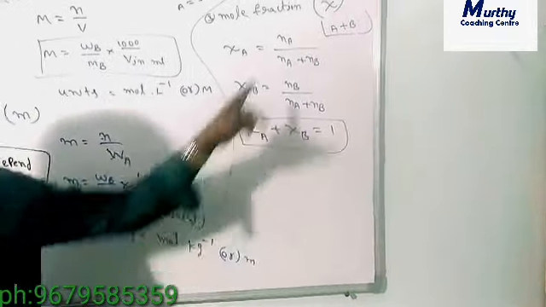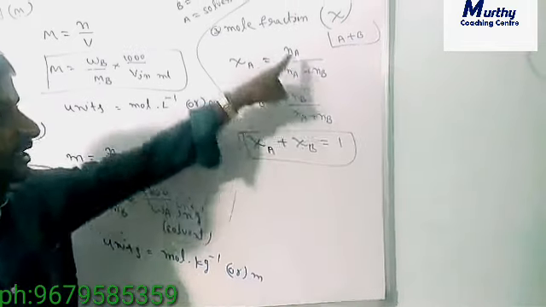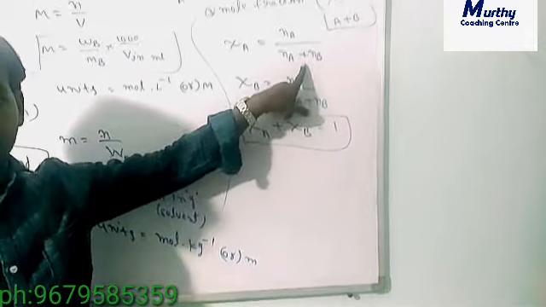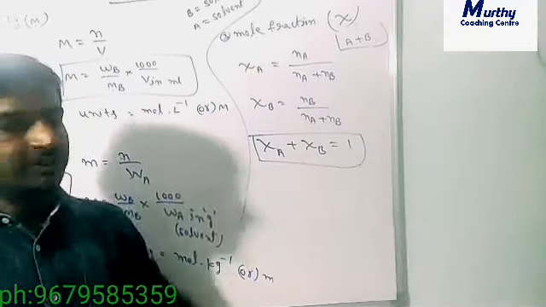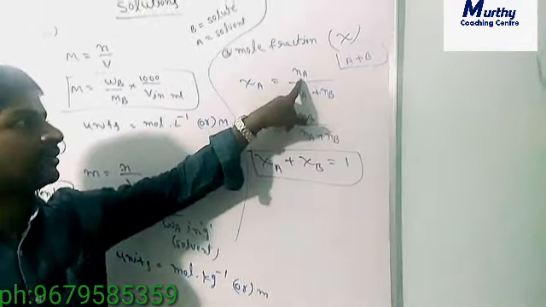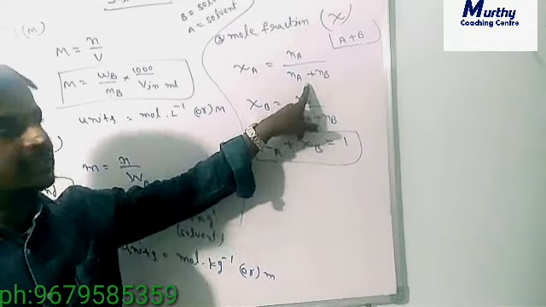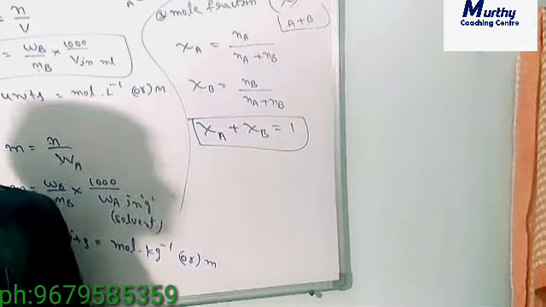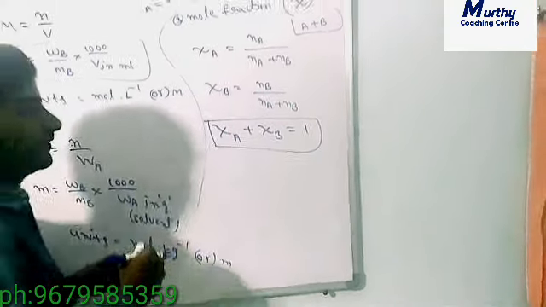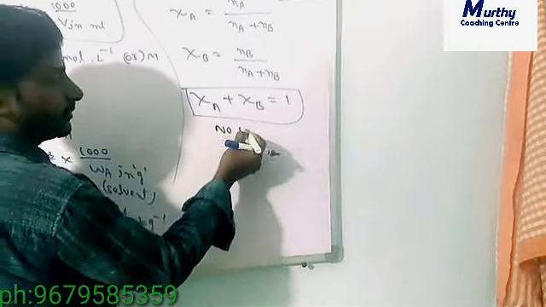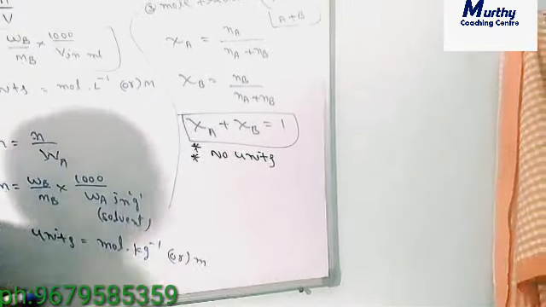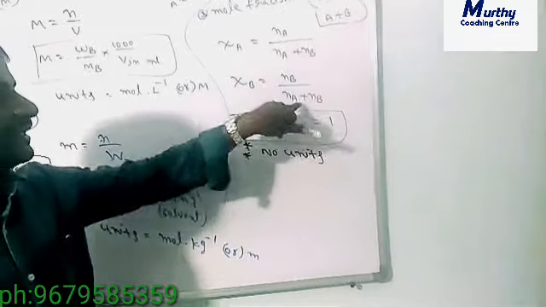The definition of mole fraction: the ratio of moles of one component to the total moles of the solution is called mole fraction. There are no units for mole fraction because moles get cancelled.